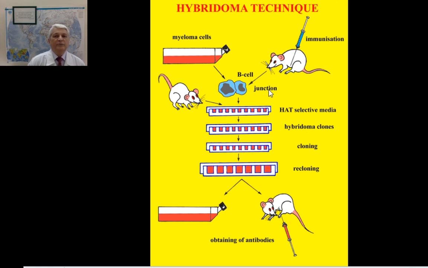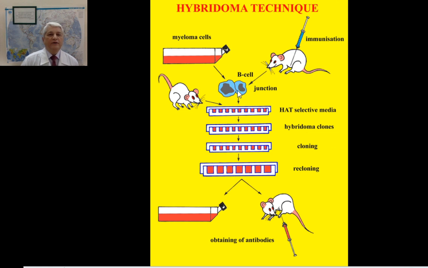Then we take B lymphocytes from this mouse, put them in the same test tube with malignant tumor cells, and then we force junction or fusion of these cells.